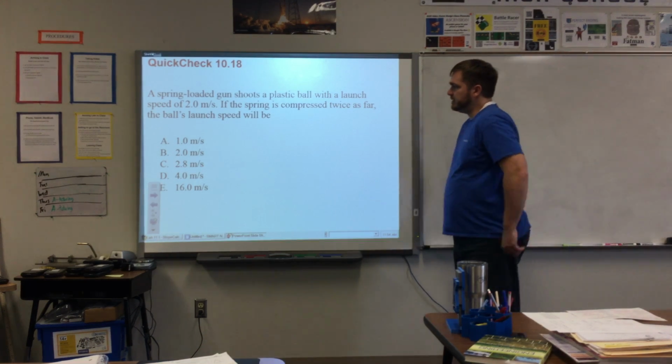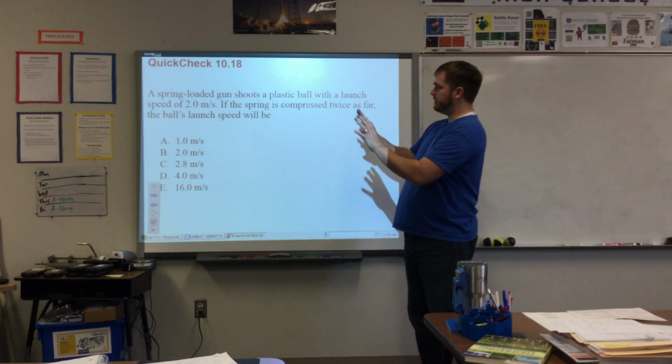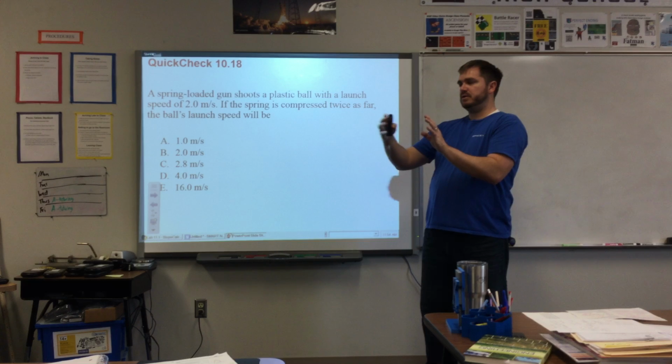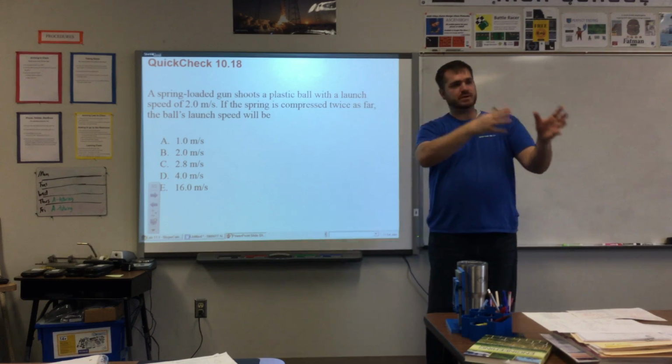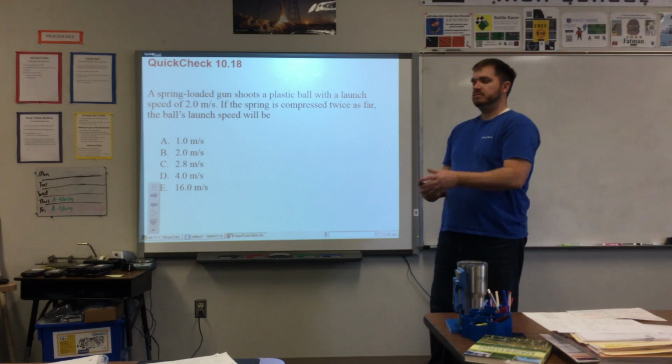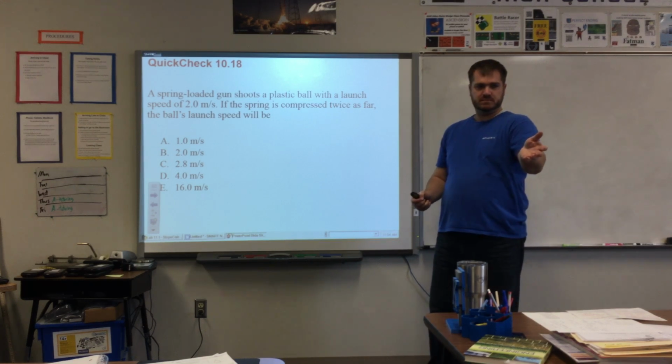Alright. Let's go ahead and think about this. This is a great problem because let's think about the energy transformation that goes on here. What sort of energy turns into what sort of energy? Potential turns to kinetic. Okay. What type of potential? Elastic.